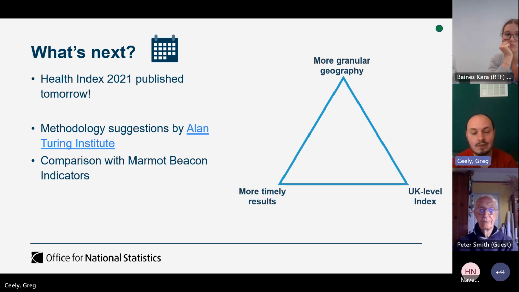The UK level index, for example, is particularly prominent at the moment. There is a great push within ONS and more widely for greater coherence between data for the four nations.